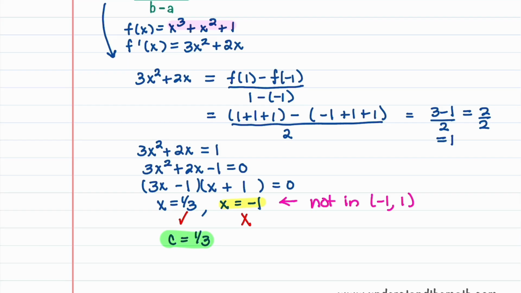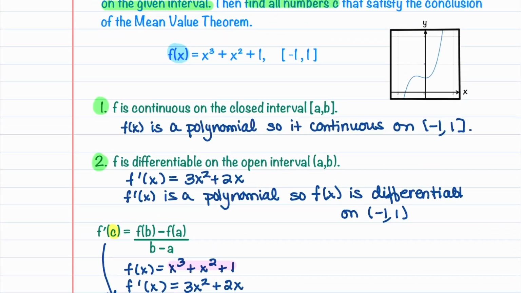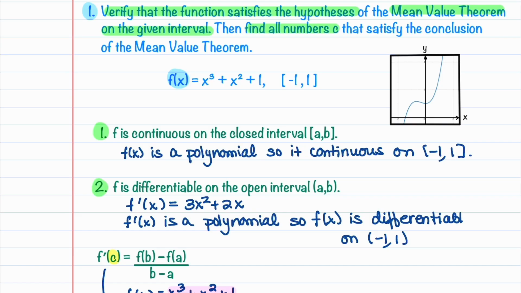Now let's take what we just found and let's go back up to our graph and see if it makes sense. Here is our function value at our left endpoint. That's at -1. And then at 1, let's see, it's up here. That is our function value at our right endpoint.